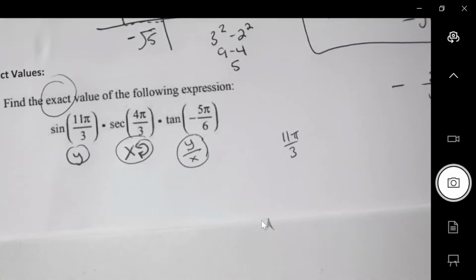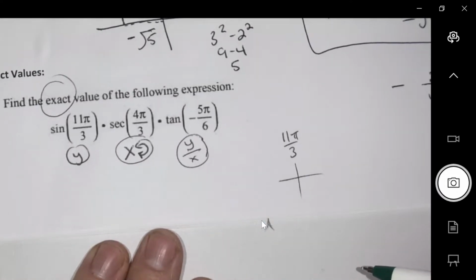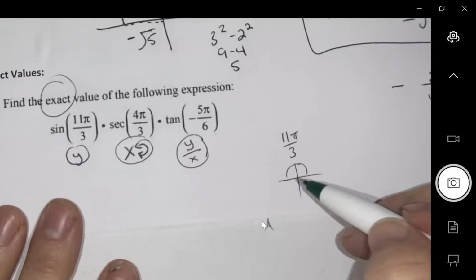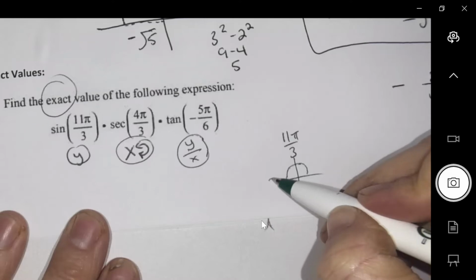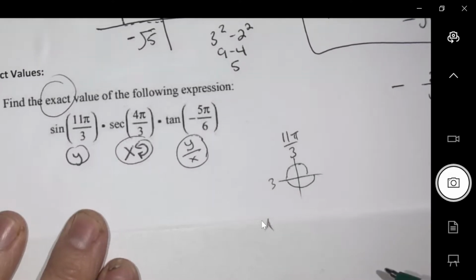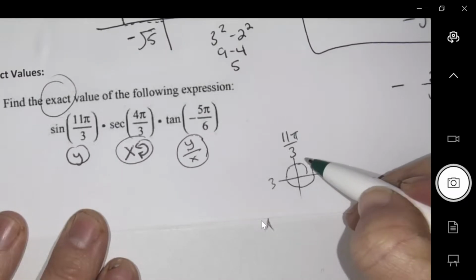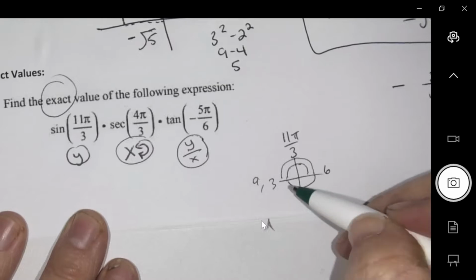Okay. On my circle, where would I put my finger if I could rotate 11 pi over 3? How do you figure that out? And by the way, it's going to be more than a full circle. So what is this? 3 over 3. What is that? 6 over 3. What is the next half? 9 over 3.